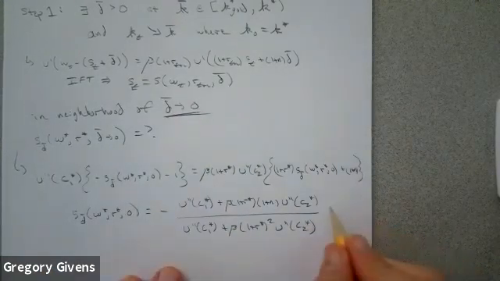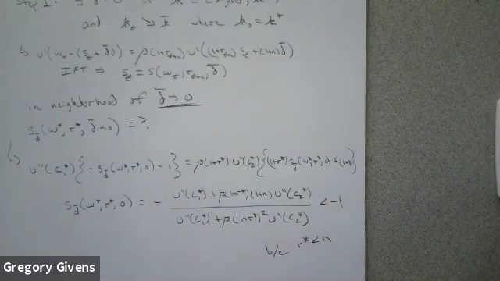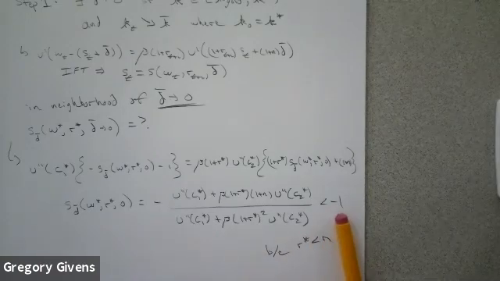Which we know is less than negative 1 because R star is less than N, right? So in a neighborhood of the 0 Social Security equilibrium, the first penny of Social Security taxes that we pay is going to reduce our private savings by more than a penny.